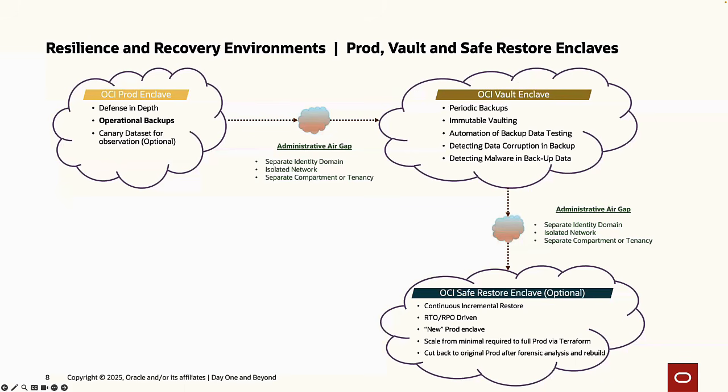And that would allow you then, if you have a compromise in your production environment, to isolate it, do the forensic analysis on it, and understand how the threat actor got in, what they did, and build more defenses to try to stop that kind of activity in the future, while continuing to serve your business. And then once you've figured that out, you can either cut back to the production environment and restore data to that, or the production environment can become your new Safe Restore Enclave, and you just keep the cycle going. So that's the high level view of it.